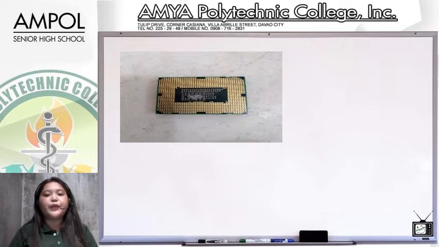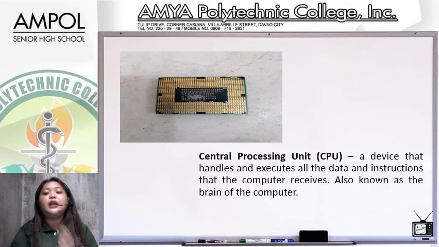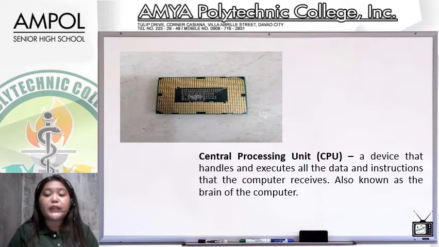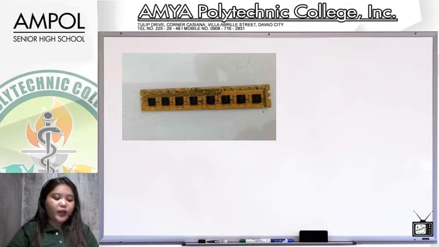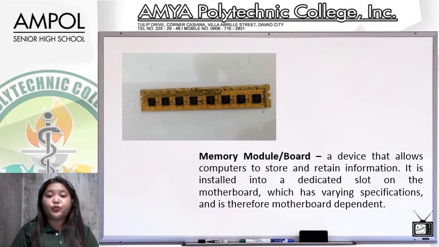Then we have the CPU or Central Processing Unit, a device that handles and executes all the data and instructions that the computer receives. It is also known as the brain of the computer. Next is the memory module or board, a device that allows computers to store and retain information.